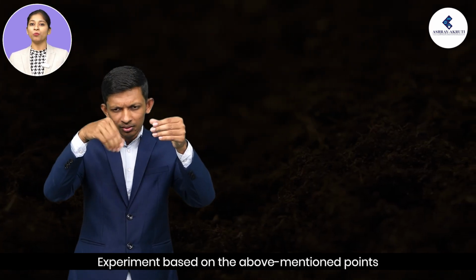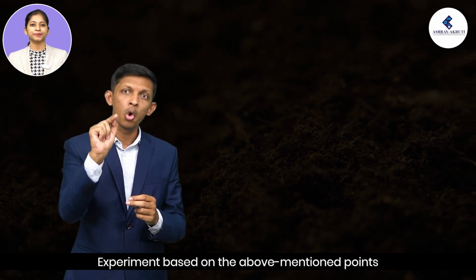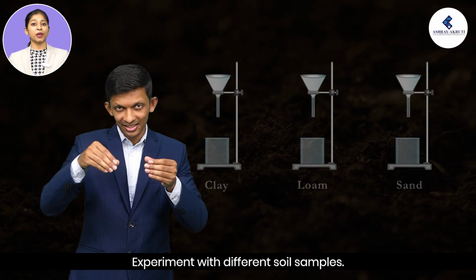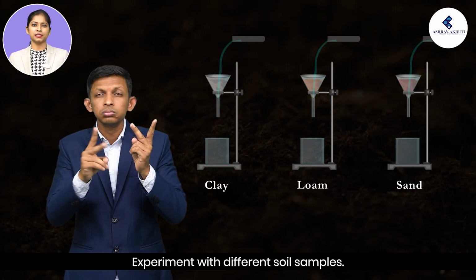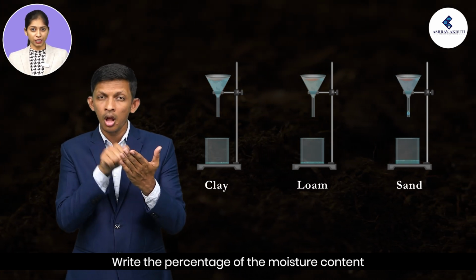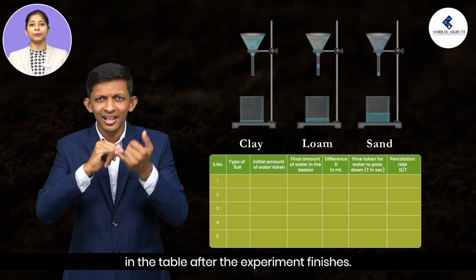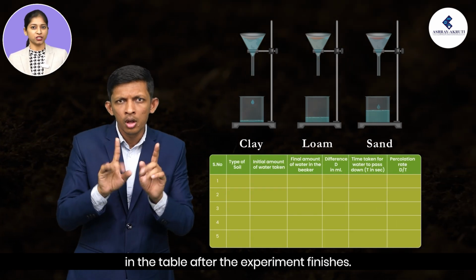Experiment based on the above mentioned points. Experiment with different soil samples. Write the percentage of the moisture content of the soil samples in the table after the experiment finishes.